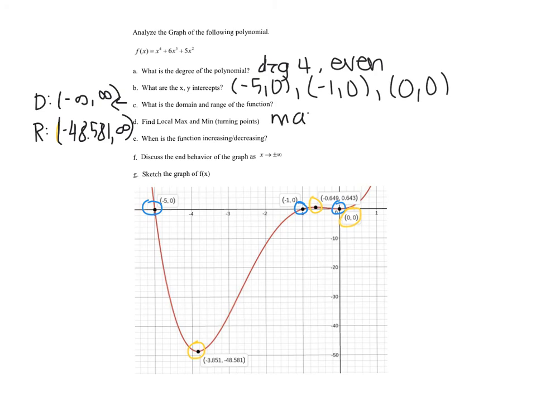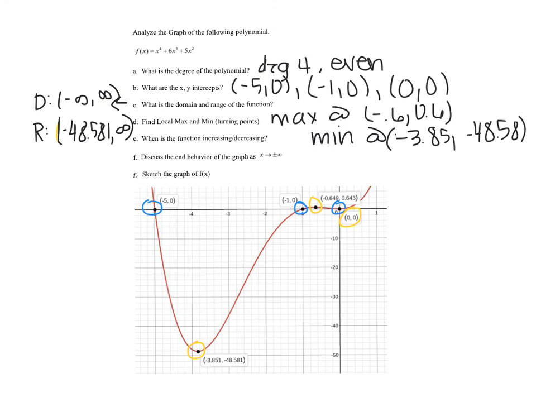So we have a max at negative 0.65, 0.6. And then our other two turning points are both mins. So we have mins at negative 3.85, negative 48.58, and at 0, 0.